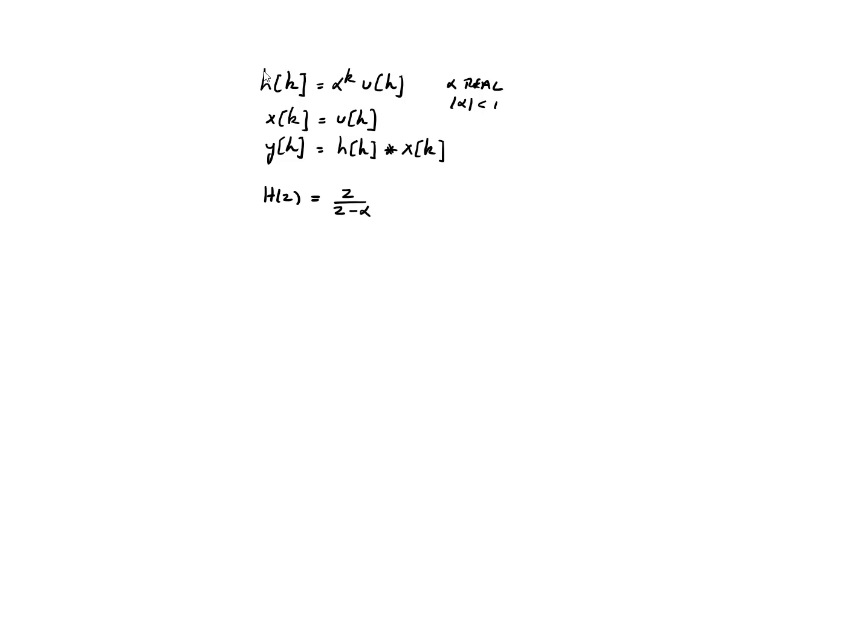Please check this, because by now this should look familiar. The modulus of z is larger than the modulus of alpha, and x of z is z over z minus 1, where the modulus of z is larger than 1.